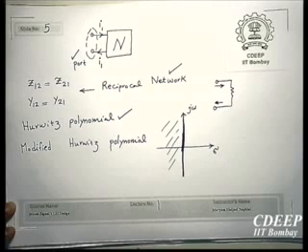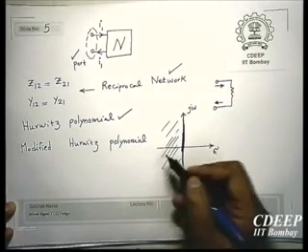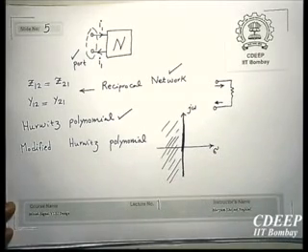So it can include roots on the j omega axis, so it will include these two regions. And if they are on the j omega axis, they are simple. Simple means they are of order 1, meaning the multiplicity factor is 1.